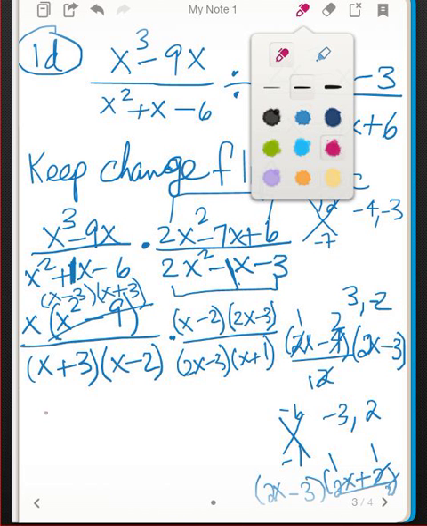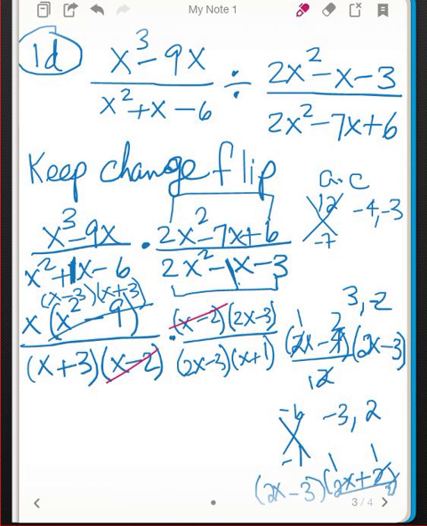Okay, so let's see. We have an x minus 2 here that reduces with this x minus 2. We have an x plus 3 here that cancels with the x plus 3 here.